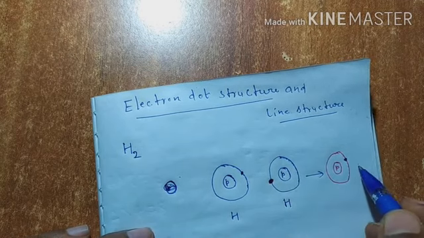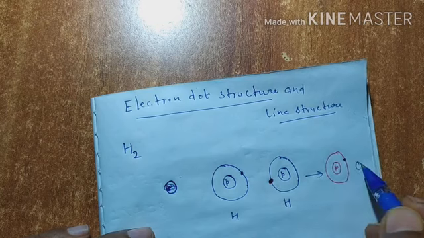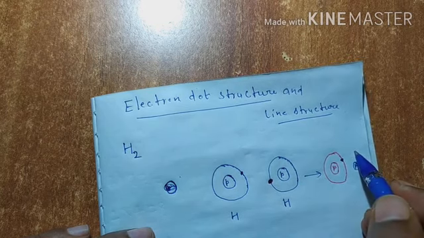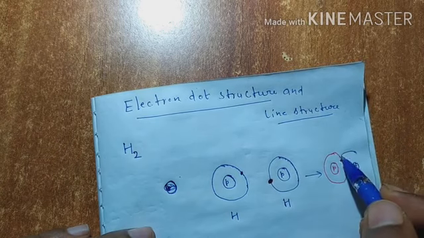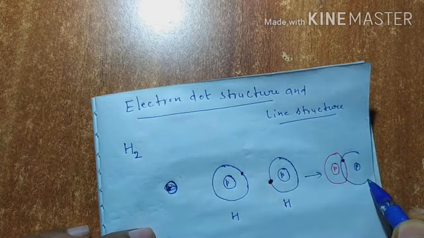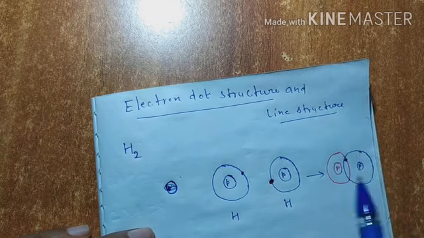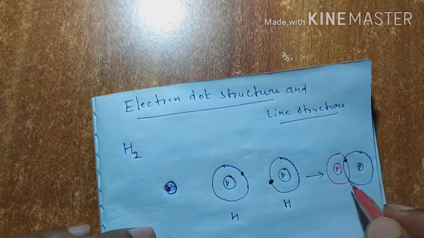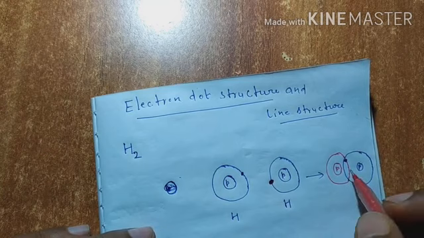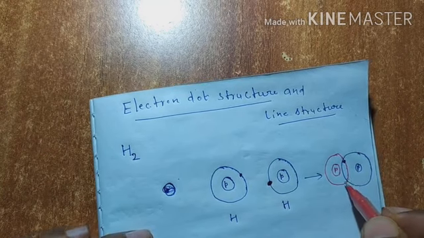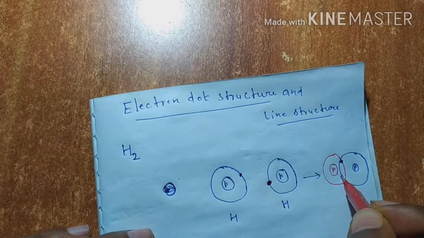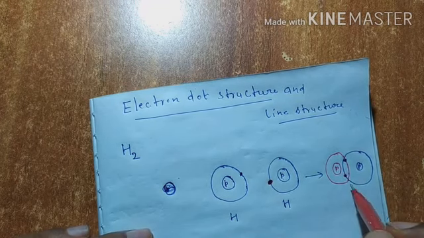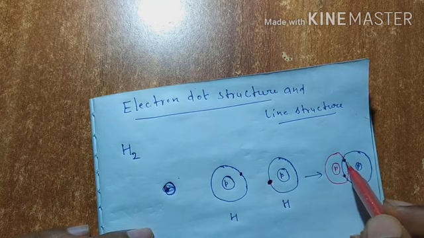This I am making here, the nucleus, here will be the protons, and this is the first orbit, and this electron I am showing in red color. Okay, so we can see here that now the bond is formed.